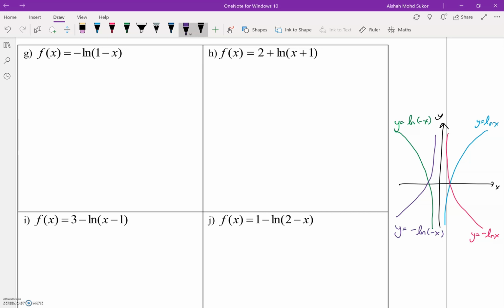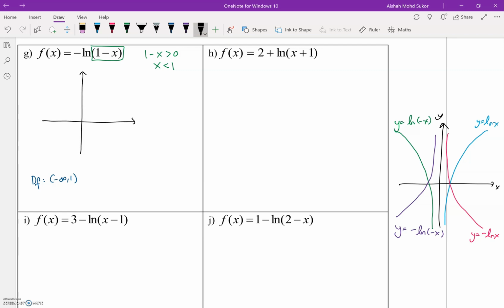So look at G. We want to sketch the graph for negative ln(1 minus x). To find the domain for f(x), 1 minus x must be greater than 0. Therefore, x must be less than 1, and our domain will be negative infinity to 1.